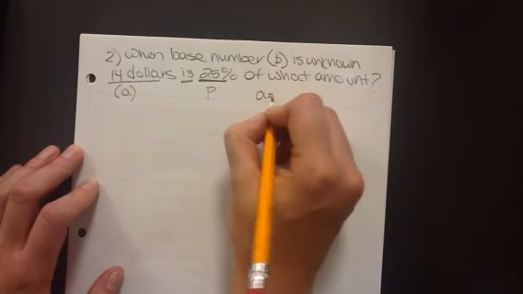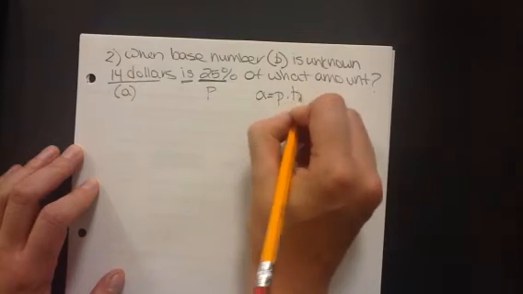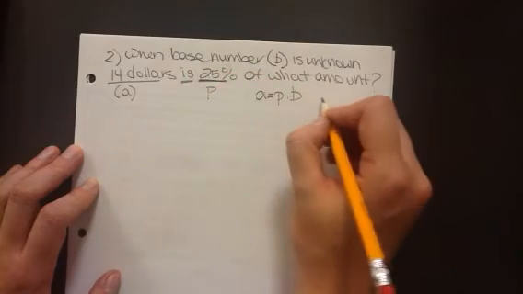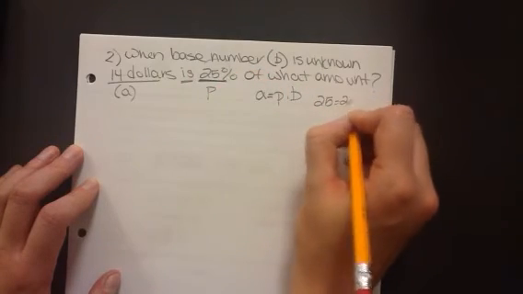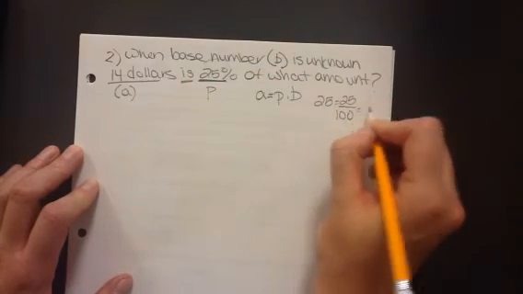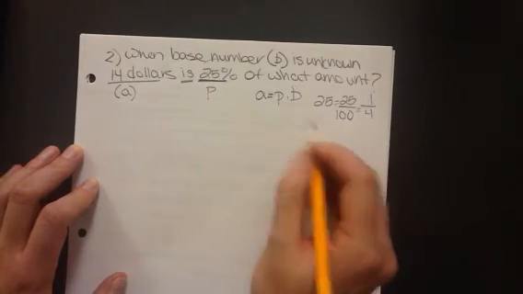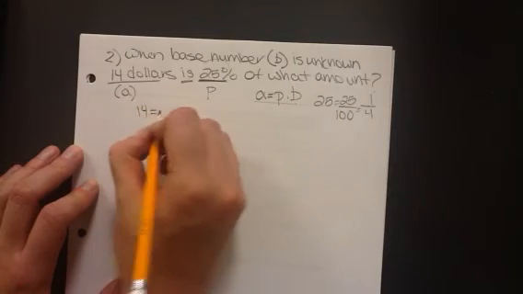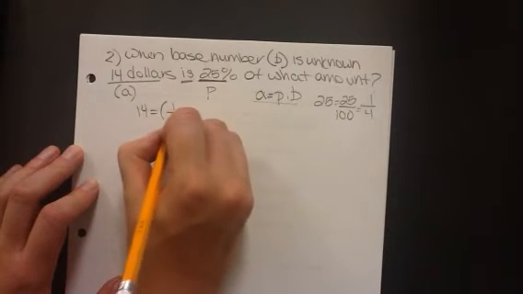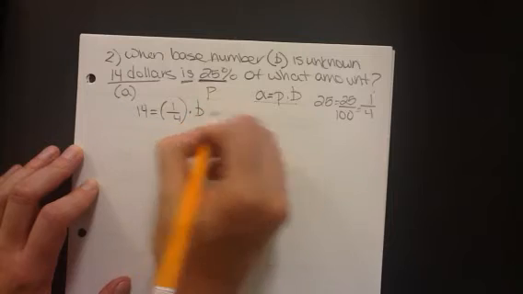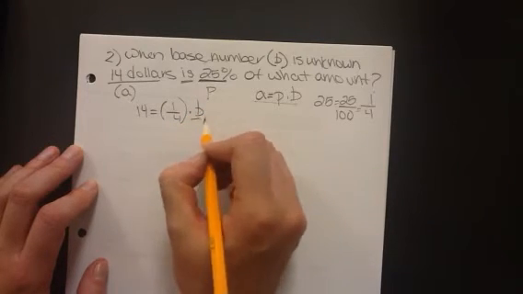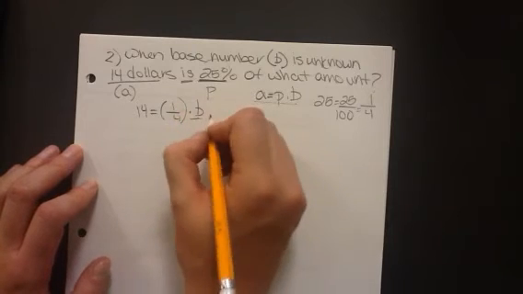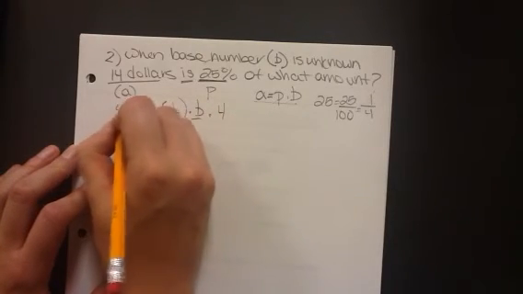Once again, the algebraic model is A is equal to P times B. Quickly over here, 25% can be written as 25 over 100, which is equal to 1 over 4. Using our algebraic model, 14 is equal to 1 over 4 times B. We're solving for B, and because we technically have B over 4, we multiply by 4 on both sides.